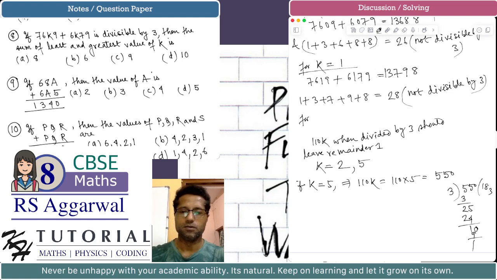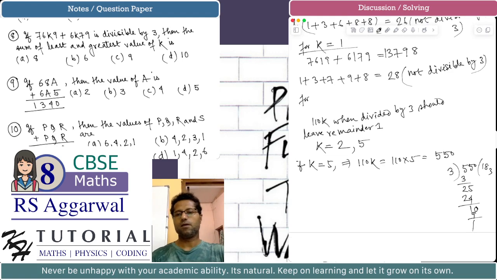Now, what if k equals 6? K equals 6 will not work because 6 is a multiple of 3.